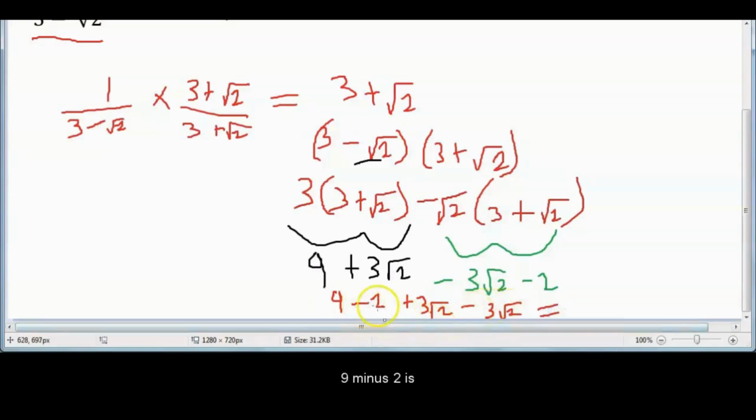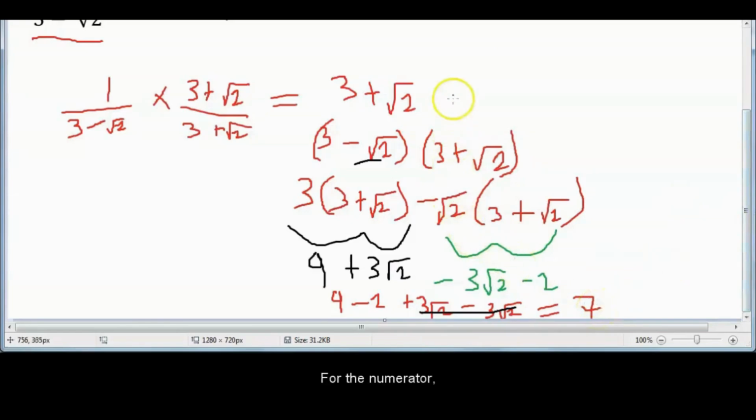Nine minus 2 is 7. 3 root 2 minus 3 root 2 is 0, so this will go. So this is the end of the expansion of the denominator, 7.